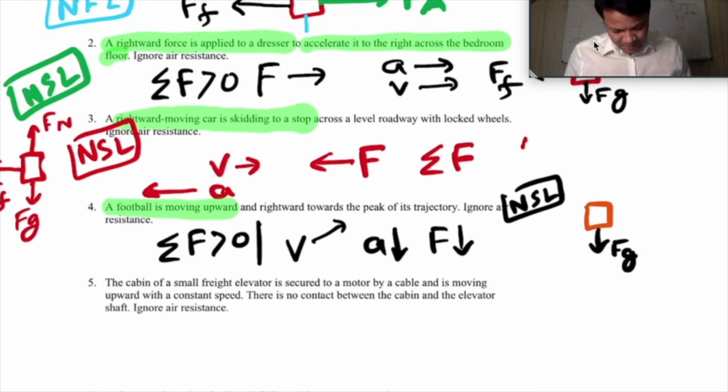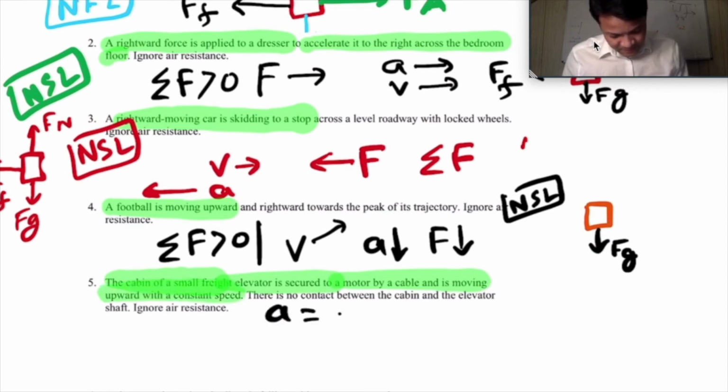Alright, number 5. The cabin of a small freight elevator is secured to a motor by a cable and moving upward with a constant speed. Constant speed means acceleration is 0. Let's write it down. A cabin of a small freight elevator is secured to a motor by a cable, moving upward with a constant speed.